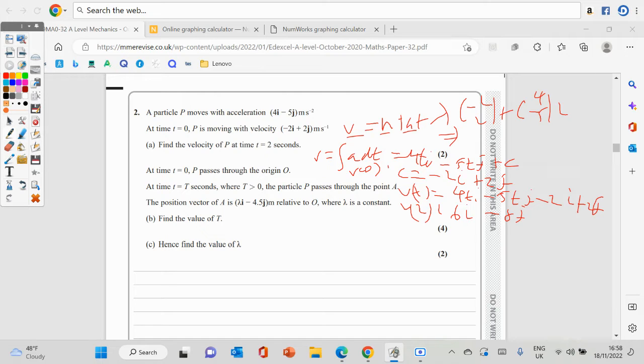So the minus 2 plus 8, and then you've got 2 minus 10. So it's going to give you minus 2 plus 8 will give you a positive 6, and 2 minus 10 will give you minus 8, i.e. giving you what I got using the integration.